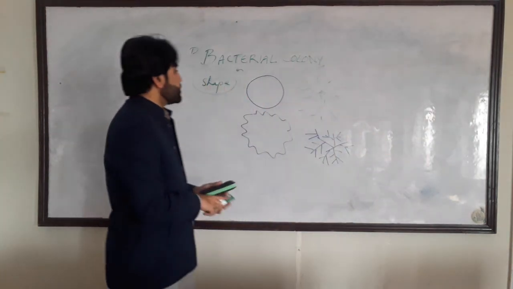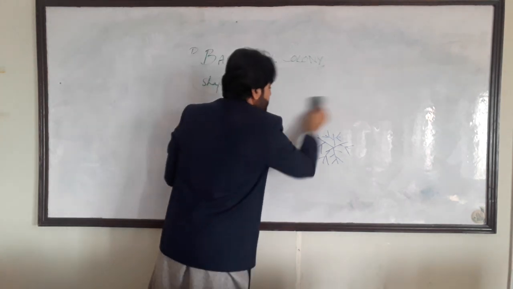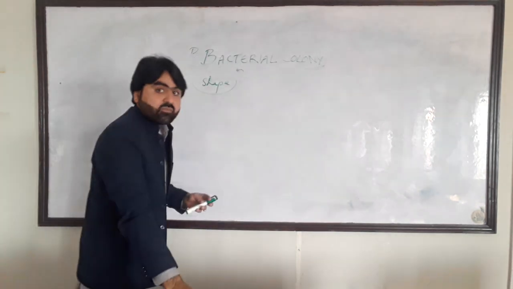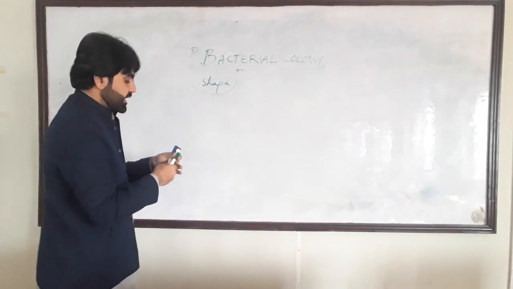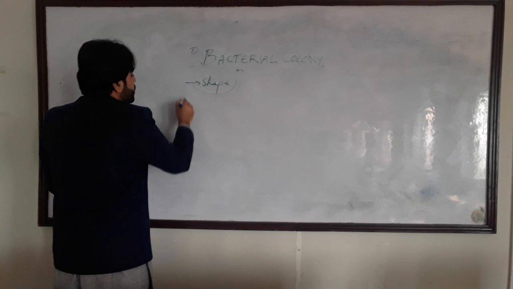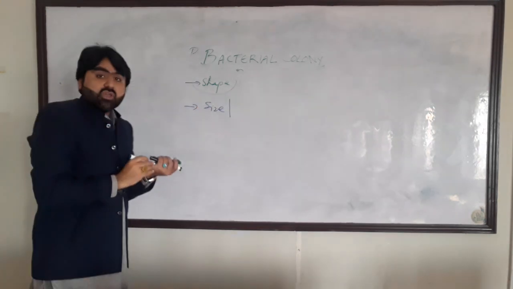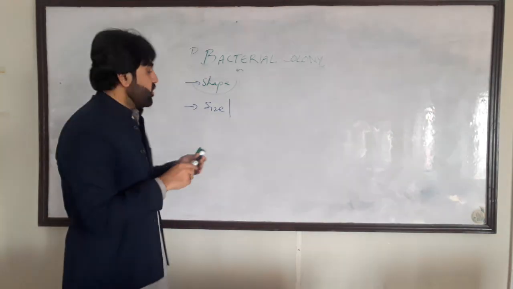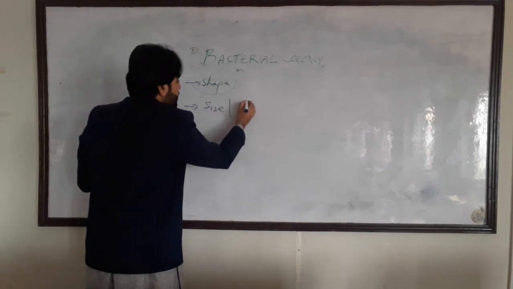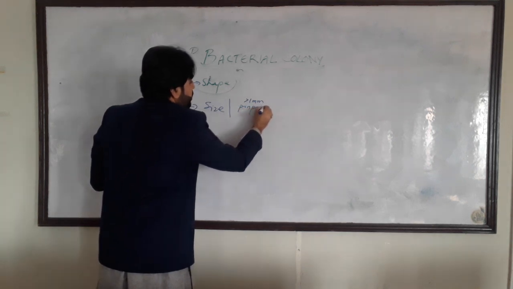Now, I would like to tell you about the size of a colony. In the first attempt, you need to focus on the overall shape. Then second, you need to look at the size of the bacterial colony, because the size could vary. If a colony is very small, less than 1 millimeter, then we usually say it is a pinpoint colony.